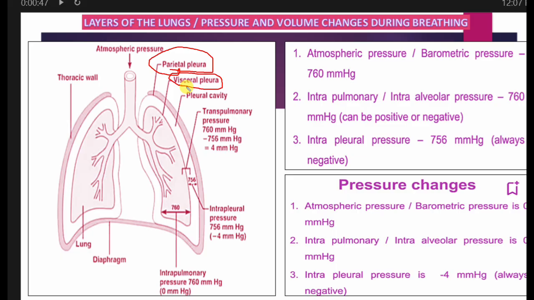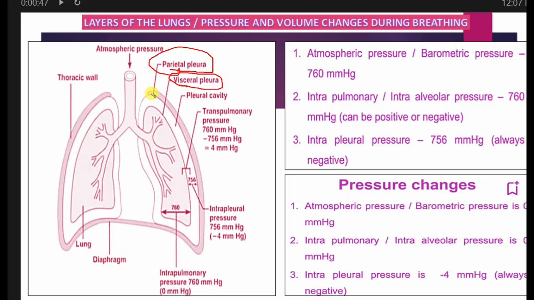The parietal pleural is the outer layer of the lungs. So it is the outer covering of the human lungs. Whereas the visceral pleural is the innermost layer that covers the lungs.